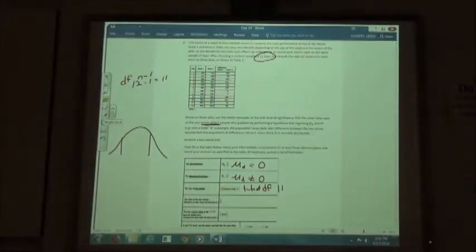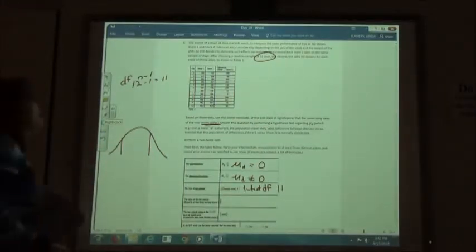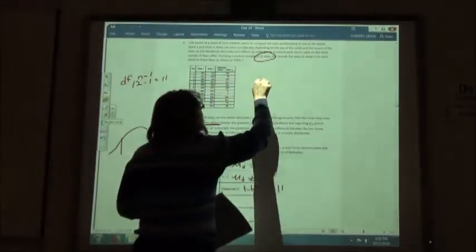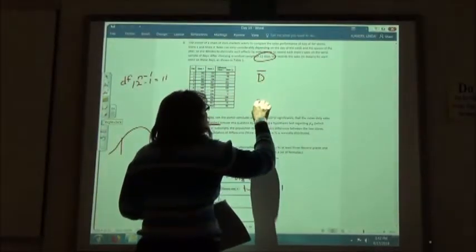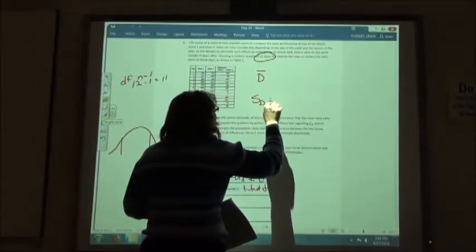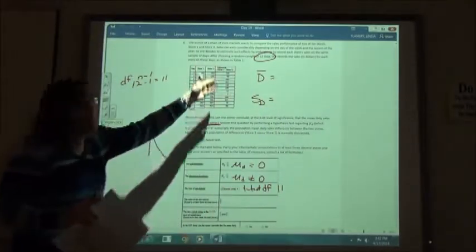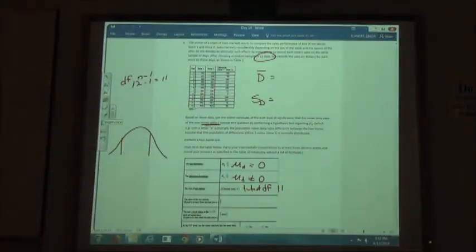Now we can compute the value of our test statistic after we find our statistics here. So we need the mean of the difference and the standard deviation of the difference by doing our one variable statistics on that list of data. So in your calculator, in list 1, if you have all that data in, then stat, calculate one variable statistics, so that we have our numbers that we need for the problem.